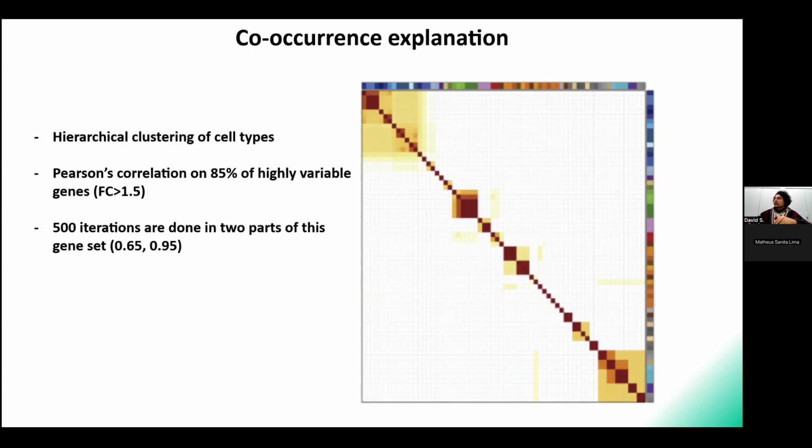And so we took the highly variable genes, we did a hierarchical clustering of these cell types, and we generated a Pearson correlation between these two iterations of the data.